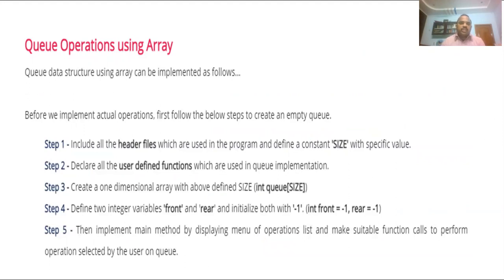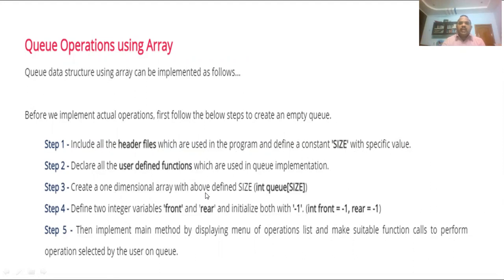Queue operations using array. So queue data structures using array can be implemented as follows. Before we implement actual operations, first follow the below steps to create an empty queue. Include all the header files which are used in the program, and define a constant size with a specific value. Declare all the user-defined functions which are used in queue implementation.